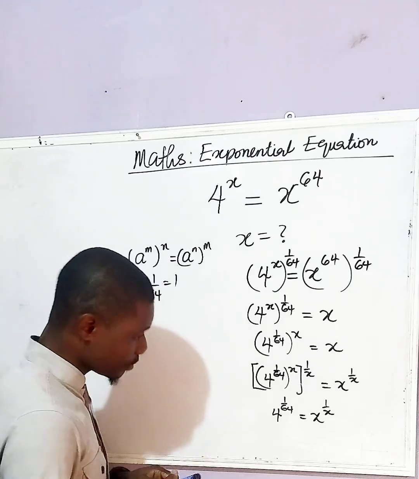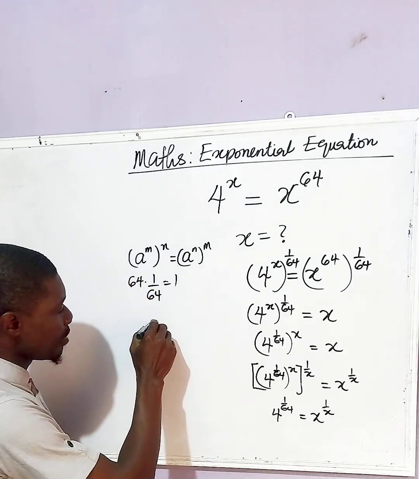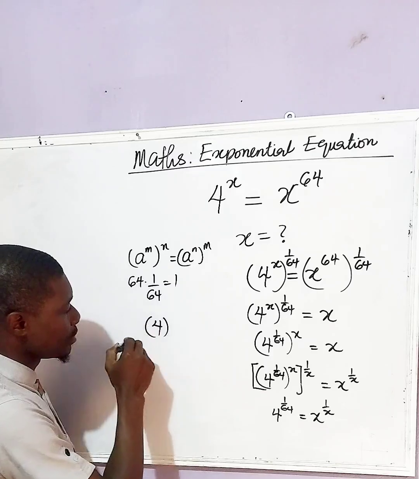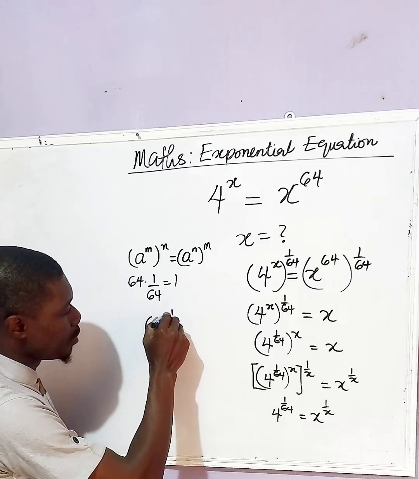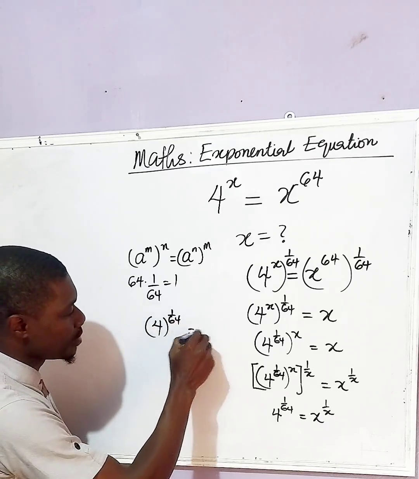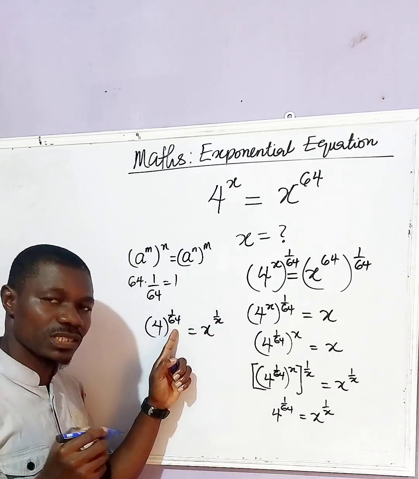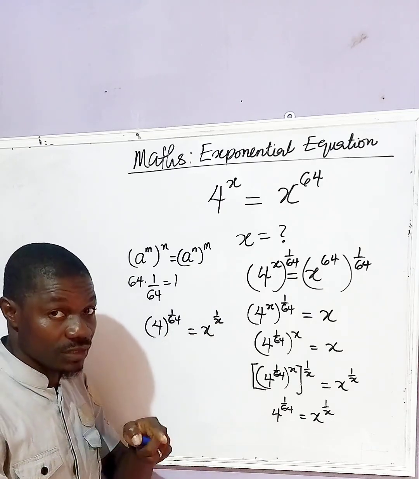So we come over here. We have 4 raised to the power of 1 over 64. Let me just make it simpler. 1 over 64 can also be 1 times 1 over 64, right?